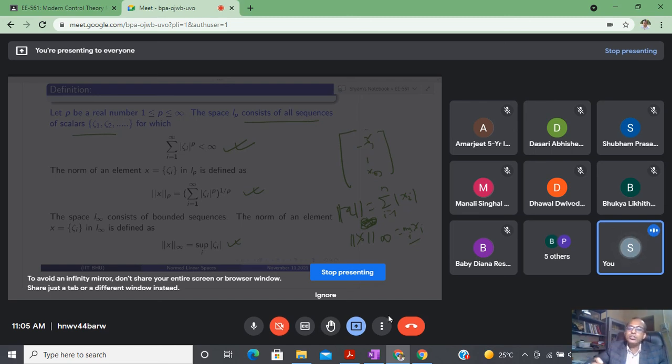So how do we add a notion of distance such that I can talk about convergence and continuity? We saw that I can define the notion of distance in different ways. The notion of distance in any vector space may be infinite in number. We have seen in the last example, where the space was a sequence of scalars, that I defined the p-norm, where p could be anything from 1 to infinity. With this remark, the class is going to end from my side.